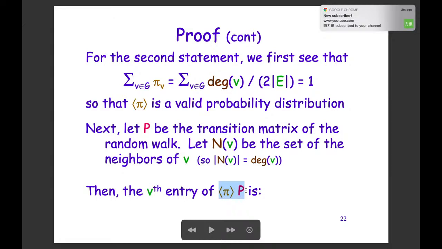Now let us examine the entry of this product. The v-th entry will be the probability that we find ourselves at state v in the next step. We first assume that we are already in this probability distribution pi, and we see what happens to the v-th entry in the next step.